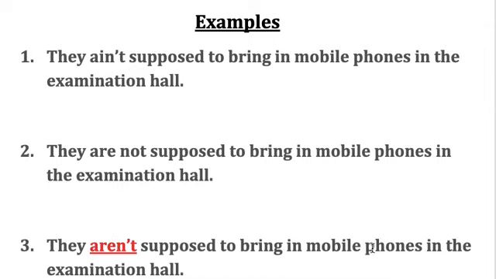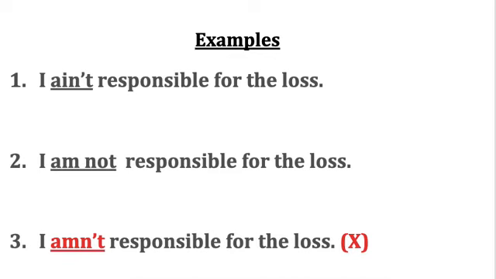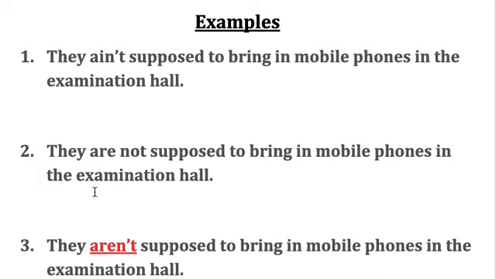They aren't supposed to bring in mobile phones in the examination hall. So do you see the variation of ain't happening in three different cases? Ain't was the short form of is not in the first case. In the second case, we saw that ain't is the contracted form of am not, and here it is the contracted form of are not. So this is how it varies.